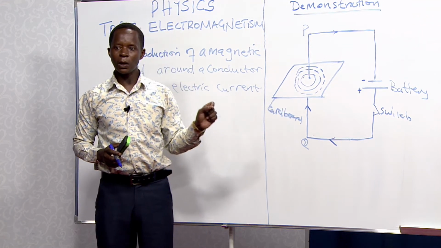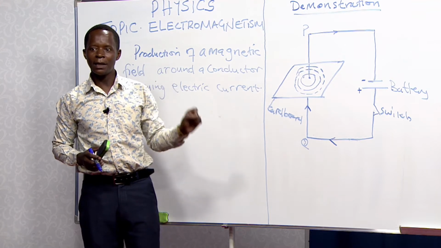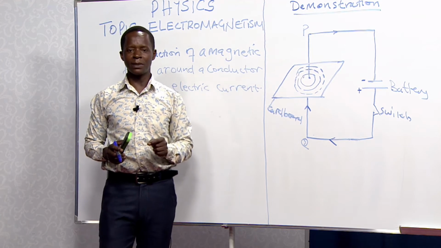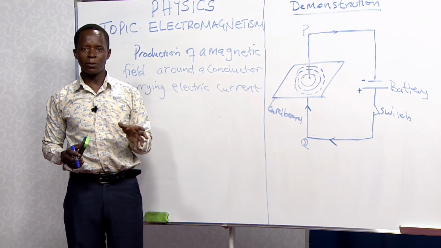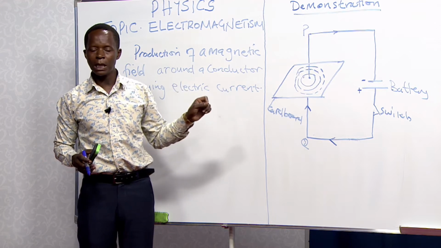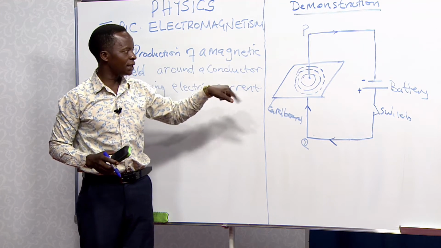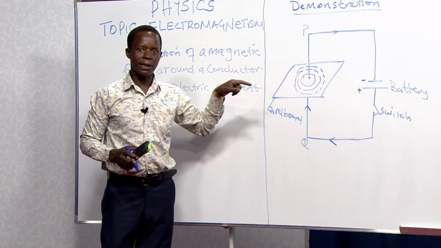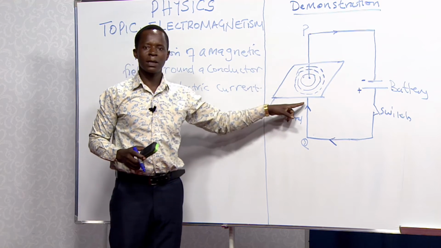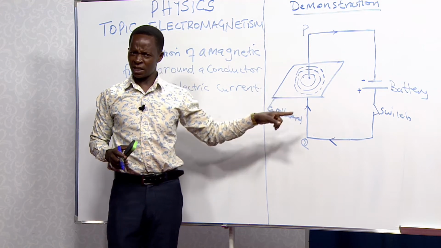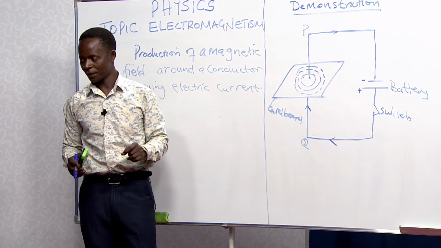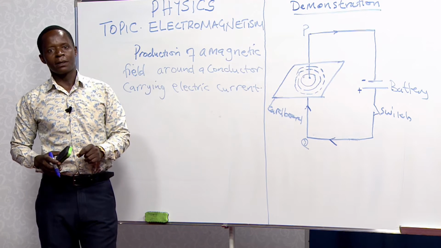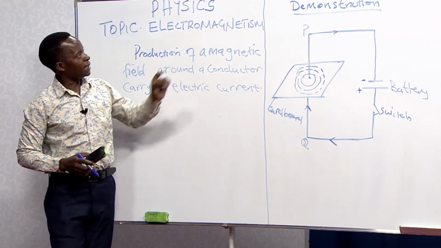The switch is closed, and then the cardboard is gently tapped. What is the observation? The observation is that the iron filings form concentric circles around the wire, and that shows that around this wire there is a magnetic field. Is that okay? Yes. So that is it.